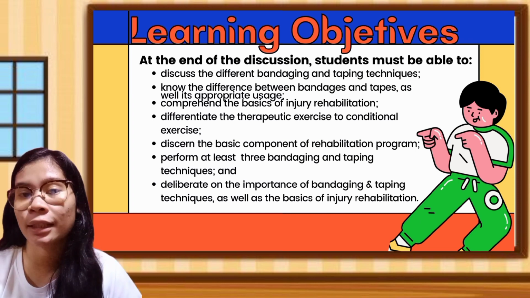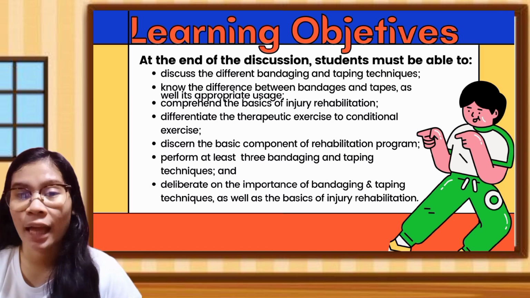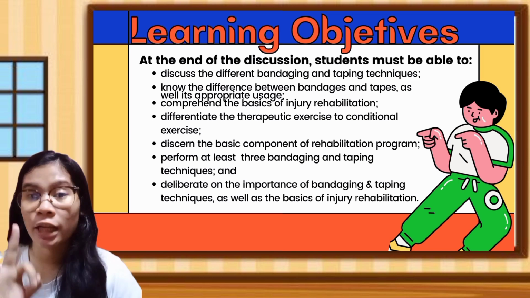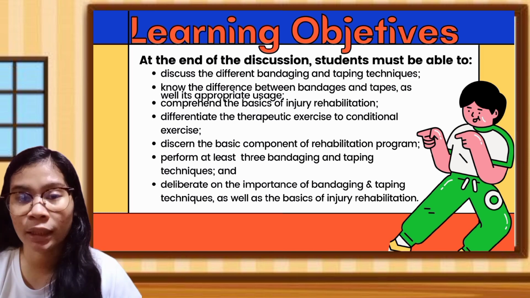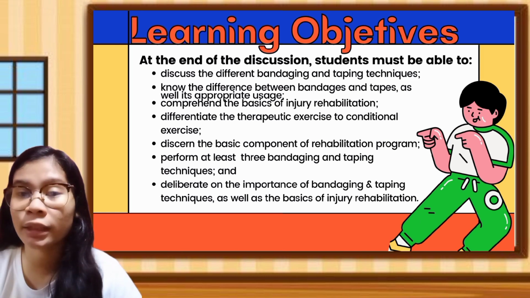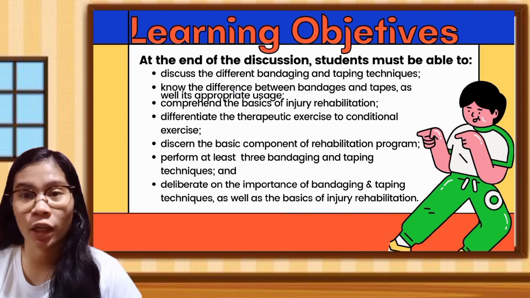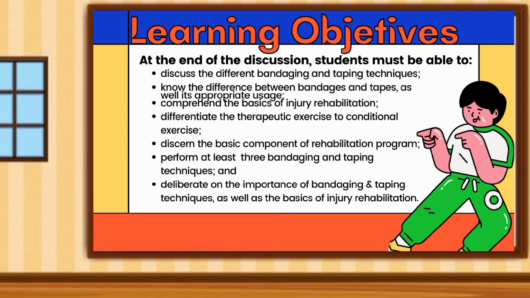Next, discern the basic components of a rehabilitation program. Next, perform at least 3 bandaging and taping techniques. And lastly, deliberate on the importance of bandaging and taping techniques as well as the basics of injury rehabilitation.